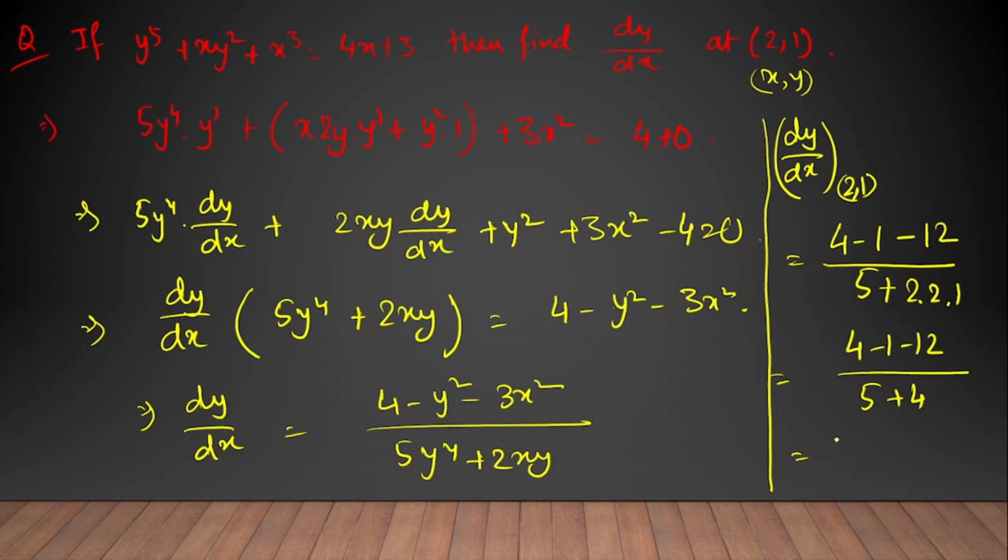Okay, so it will be 4 5 minus 12, 7, 4 13 minus 4, that is 9, and 5 plus 4, that is also 9. So minus 9 divided by 9 equals to minus 1. This is the answer of the question.